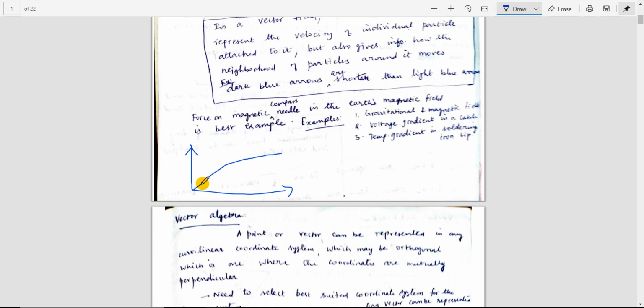In this trajectory, you can define a vector at each and every point, because it will have a direction, it will have magnitude, and it will have velocity also. Here, if you are defining a particular trajectory, it should be a multi-dimensional function.